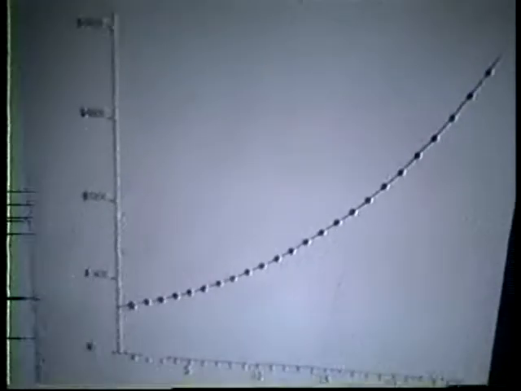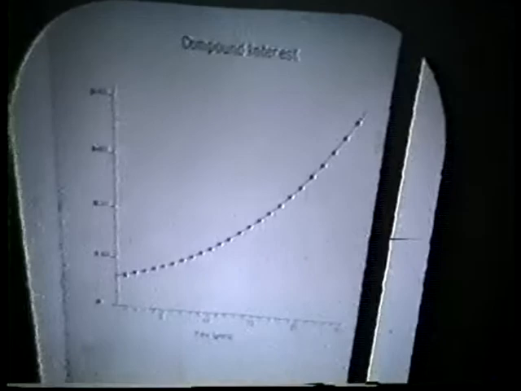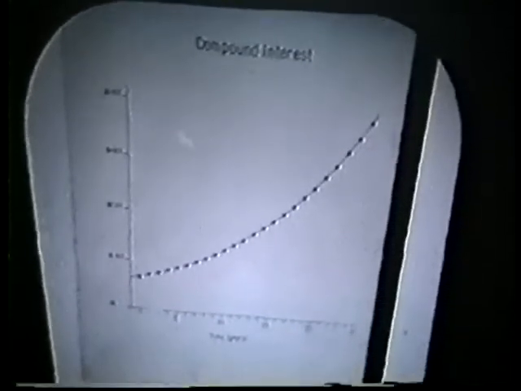Now, as mathematical models are, things have been left out. No inflation, no taxes, all of the things that make life so interesting have been left out. But the consequence of the model is if you started out with $1,000, year by year, the amount of money you would have would go up, so that after 25 years, you'd have $6,400.